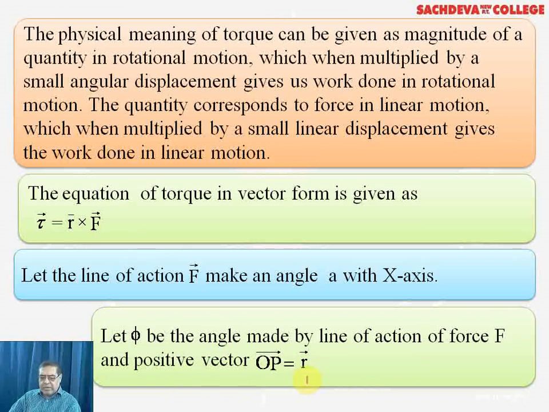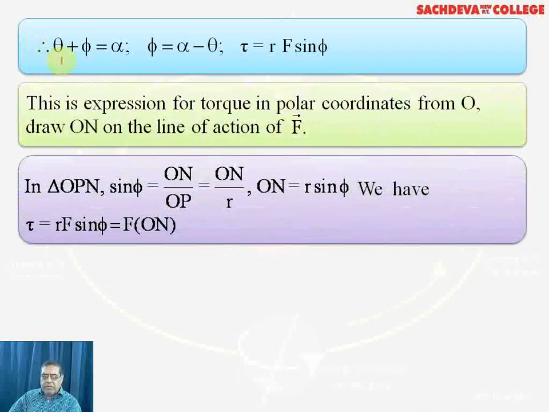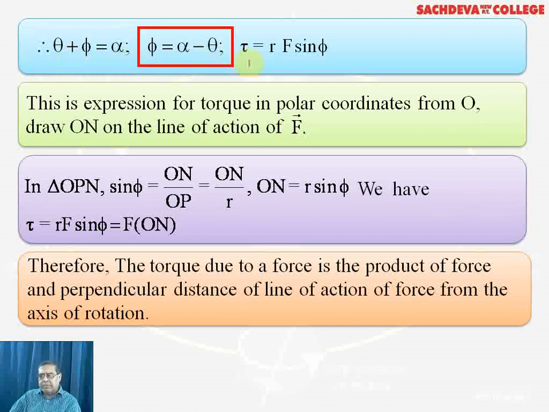So let phi be the angle made by the line of action of the force, and the positive vector OP is equal to position vector R. Now, if we go through the coming diagram, we will find that the sum of theta and phi gives the value of alpha, and phi will be taken as alpha minus theta, and torque in the scalar form should be R multiplied by F sine phi, where F sine phi is the component, and R is the radius vector.